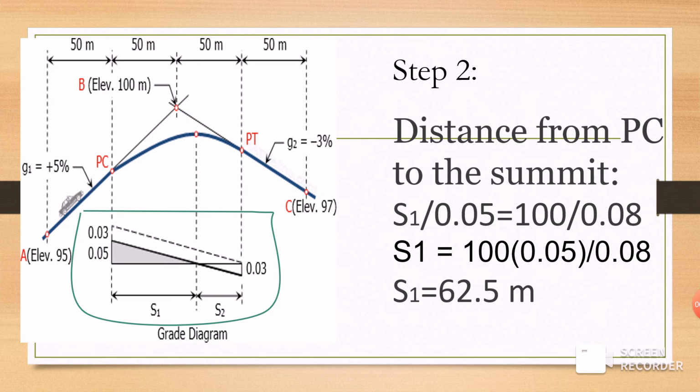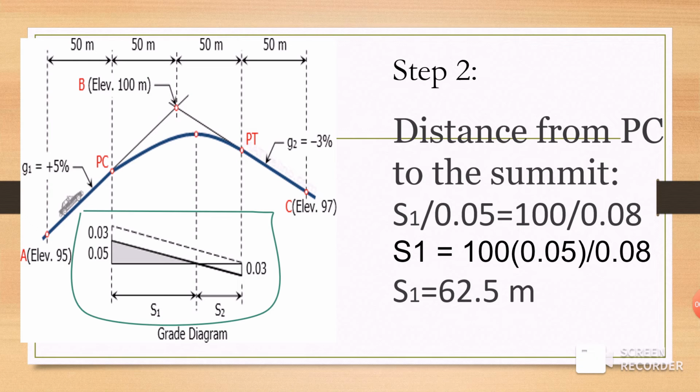The grade varies directly with the distance, meaning it is a straight line, or linear, as shown in the grade diagram. So with that, we can easily locate the summit. We can call it S1 and solve that using ratio and proportion of the similar triangles.